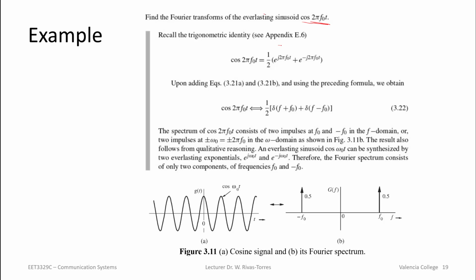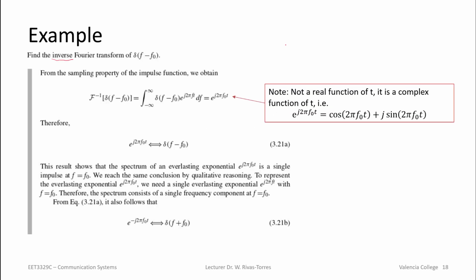Here's an identity that is in Appendix E6 of the book. Again, this comes all the way back to Euler's identity. That's all this is. Now we can take equations 3.21a and 3.21b, which are from the prior example.